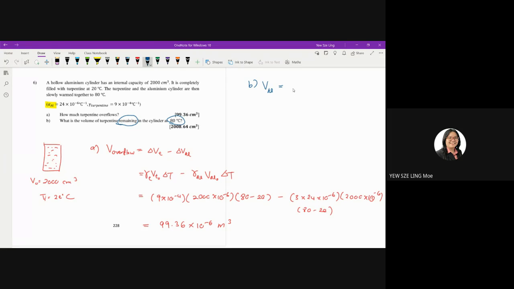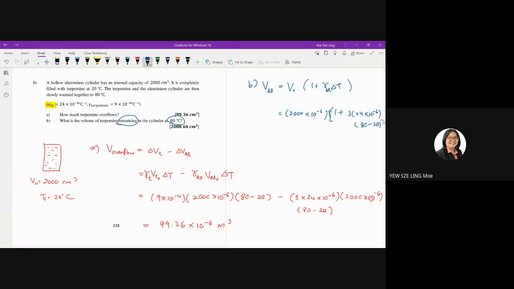So V aluminum, that is what we want. V aluminum equals V initial. Oops, not V initial, sorry. Yes, V initial times 1 plus gamma aluminum delta T. So it equals 2000 times 10 to the power of negative 6, times 1 plus, against, 3 times 24 times 10 to the power of negative 6, times 80 minus 20 degrees.